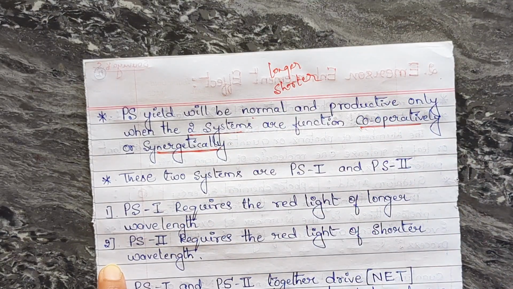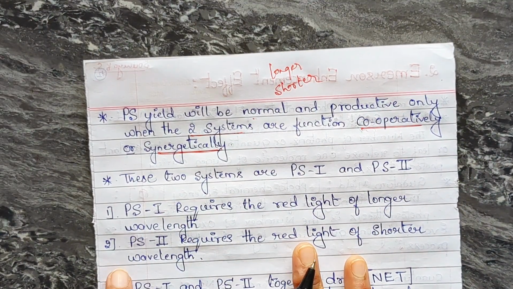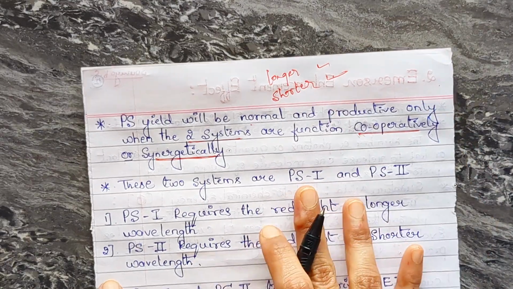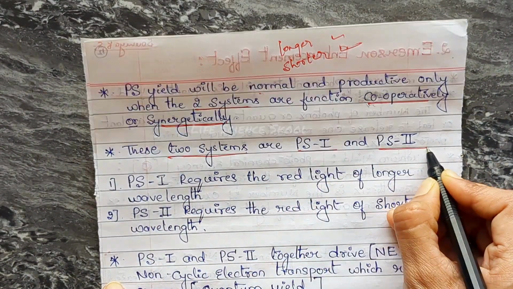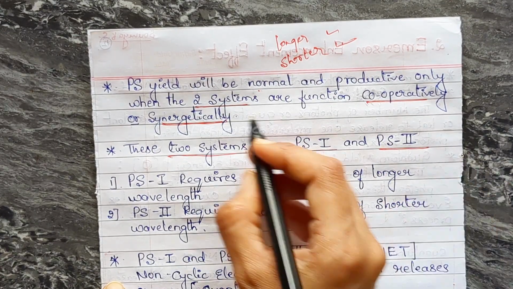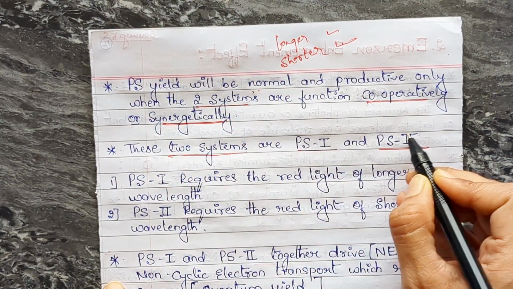Then only you can see the yield. And what are those longer and shorter wavelength systems? These two systems are called photosystem 1 and photosystem 2.